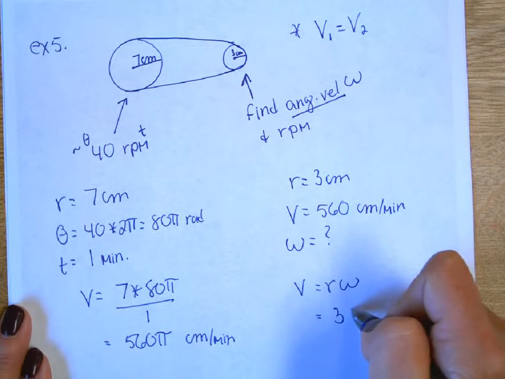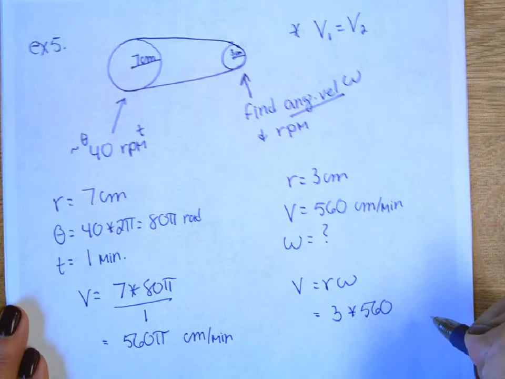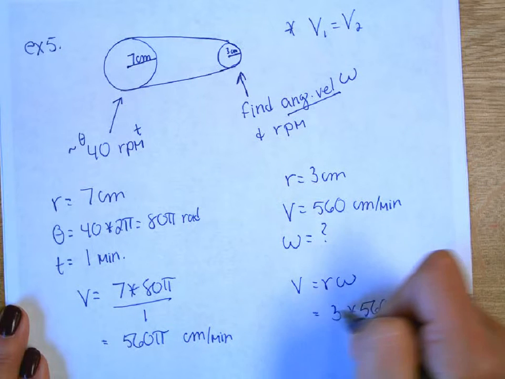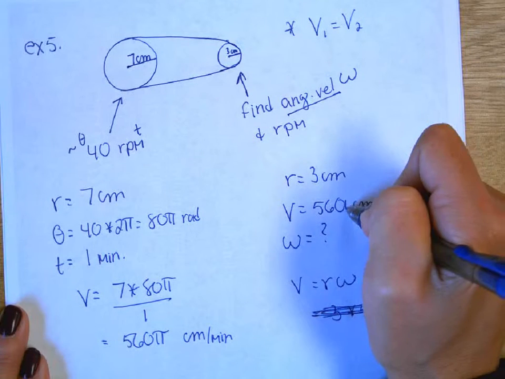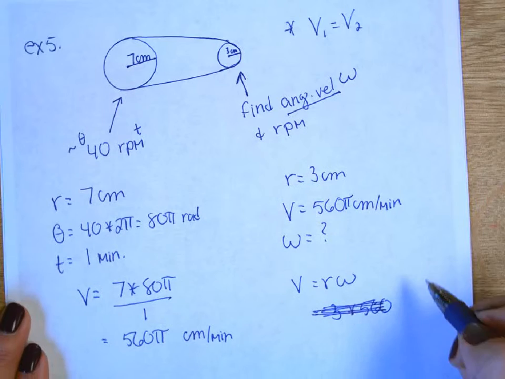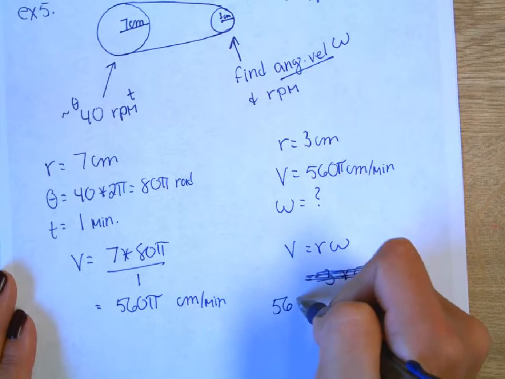So it's 3 times 560. Oh, I put that in the wrong spot. Oh, I don't know, I didn't write it down. 560 pi. And then I screwed it up anyway, so it's a good thing I was ahead of you. So big V is 560 pi.